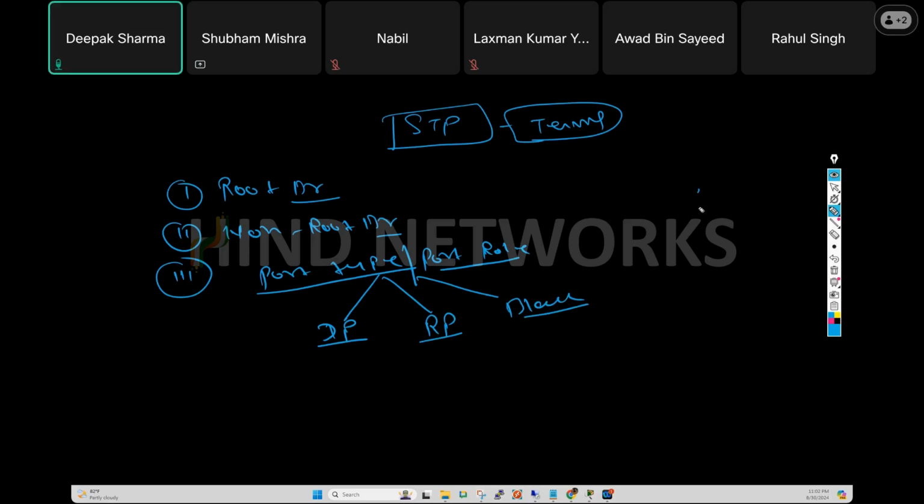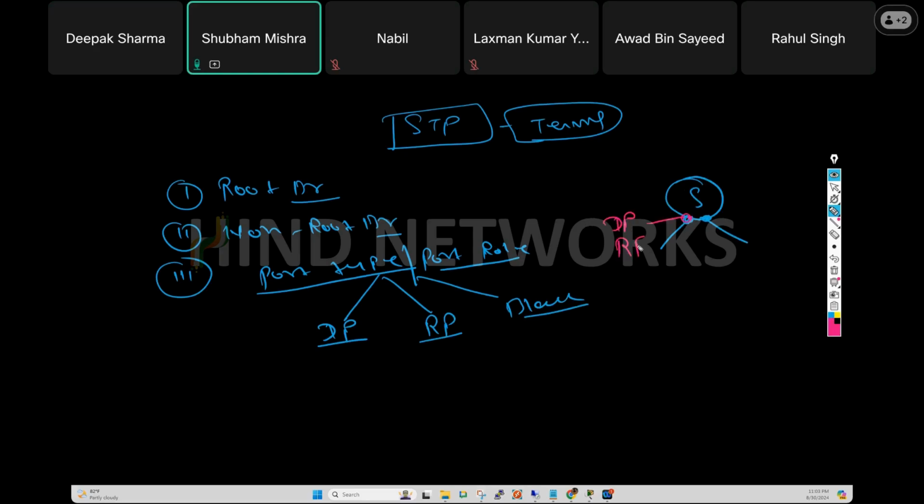Let's suppose this is the switch. So this is the port, and STP decides the role of this port. Either this port will become DP, or RP, or it will become blocked. That is called a block port.